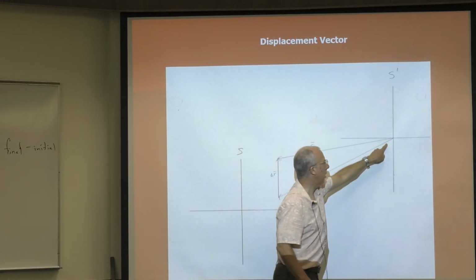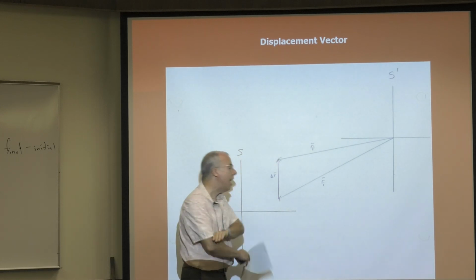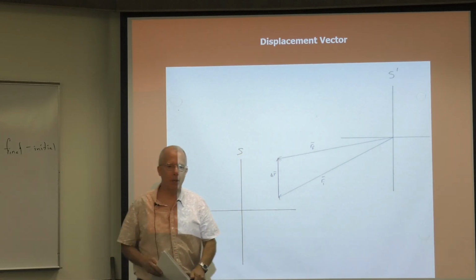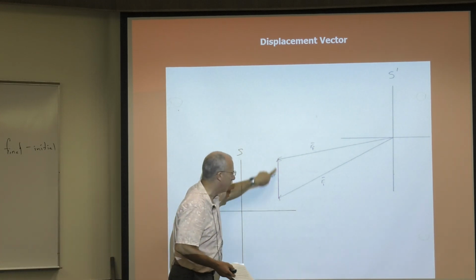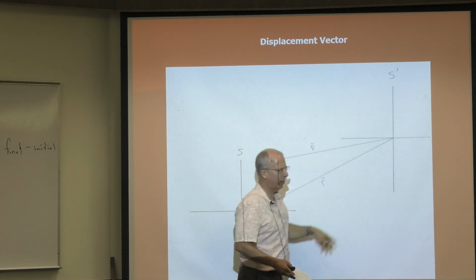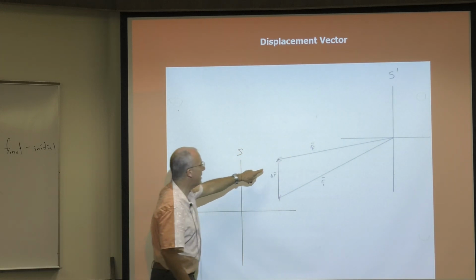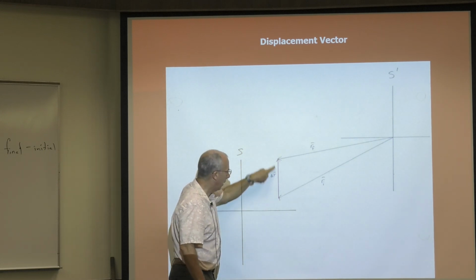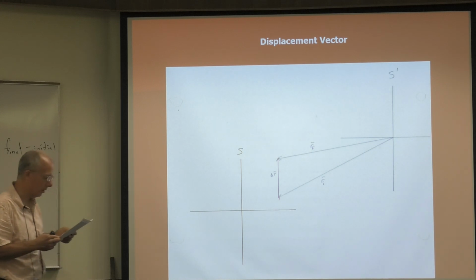Now the origin is here, so you have different position vectors. But the displacement will never change, because it doesn't depend on the coordinate system. This is what really happens. These position vectors are just something that we impose. What is physically significant is the displacement, which doesn't depend on the coordinate system.